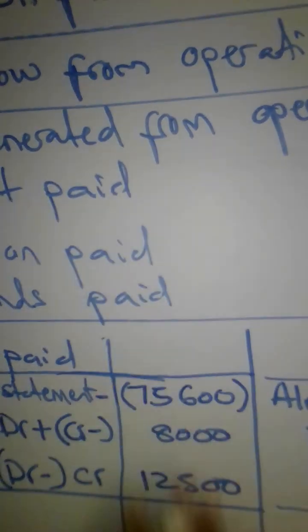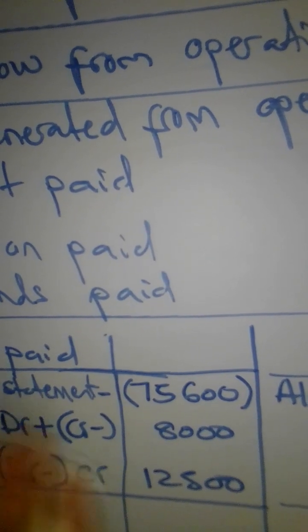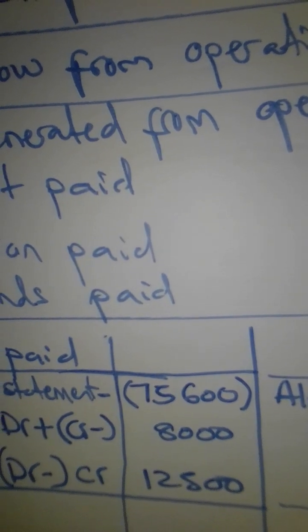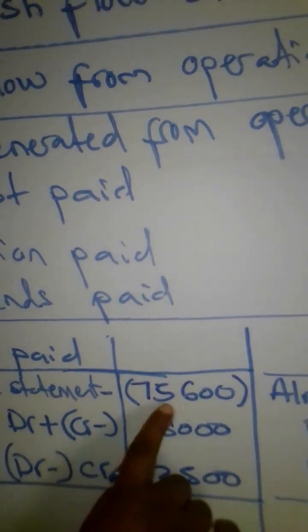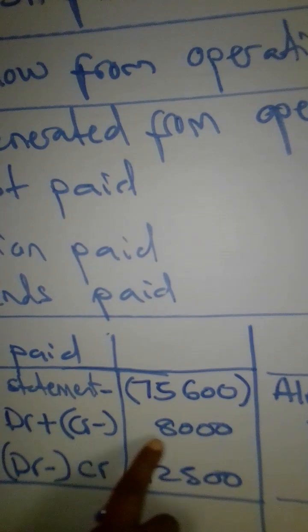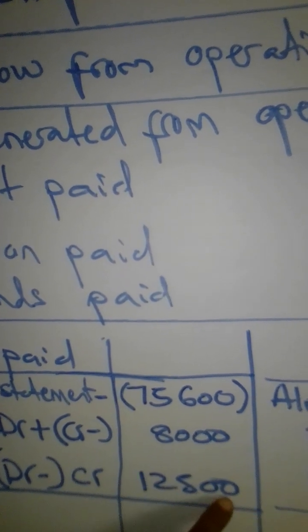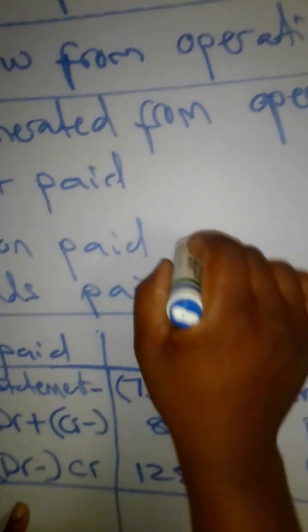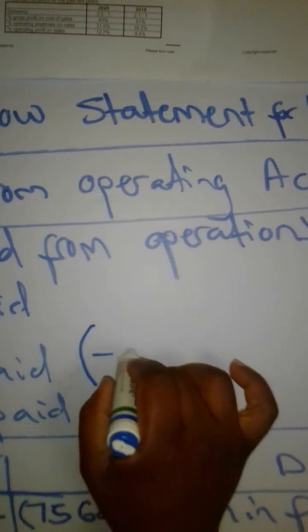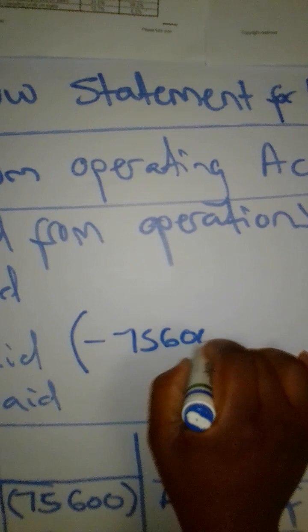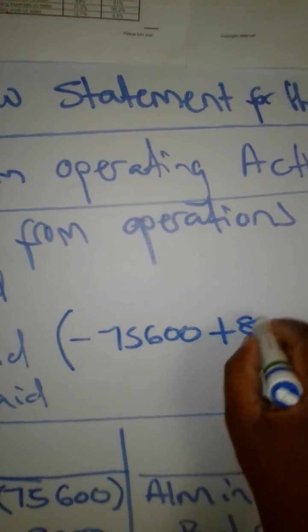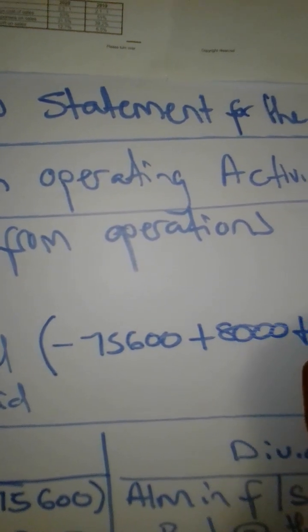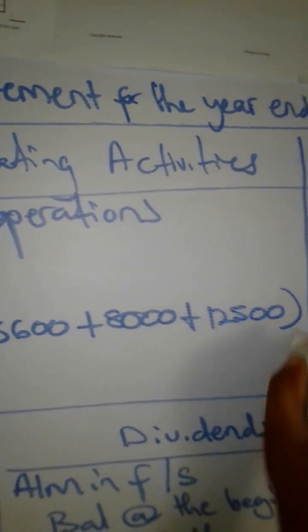The moment you have these 3 amounts, then you can safely calculate your taxation paid. So it's minus 75,600 plus 8,000 plus 12,500. In other words, I can simply show this again like this: minus 75,600 plus 8,000 plus 12,500.